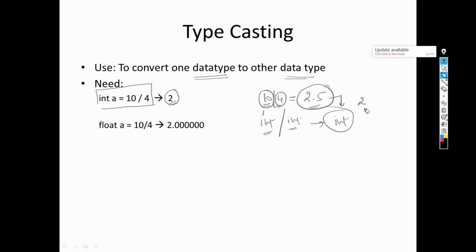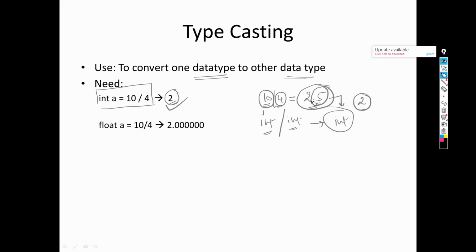That is 2, so you are getting the answer 2 here. In this case, the value 0.5 has been skipped, or truncated. So we are not getting the exact answer which is required by our equation or statement. So here there is a loss of data.